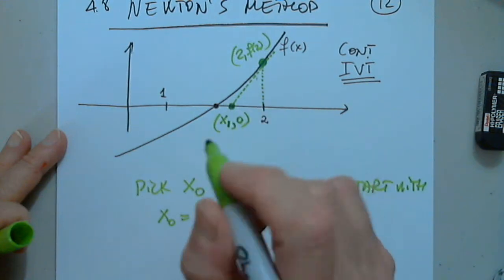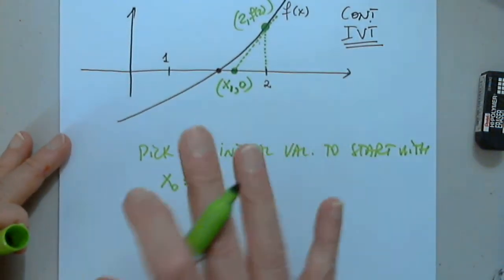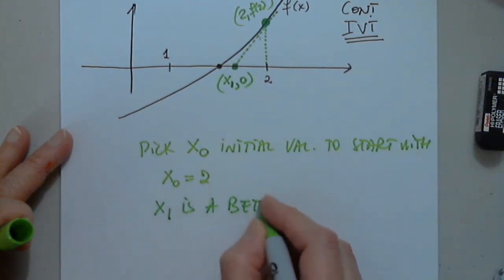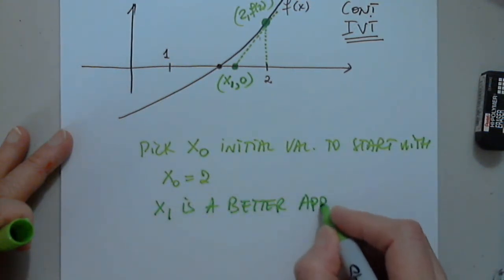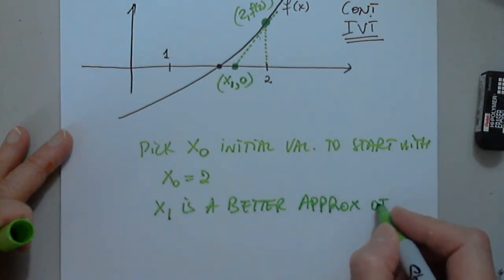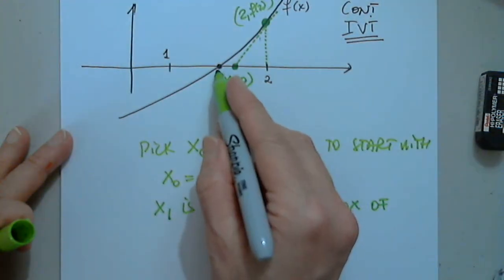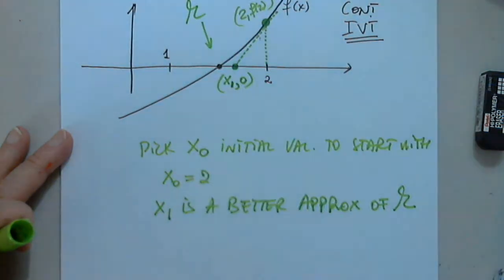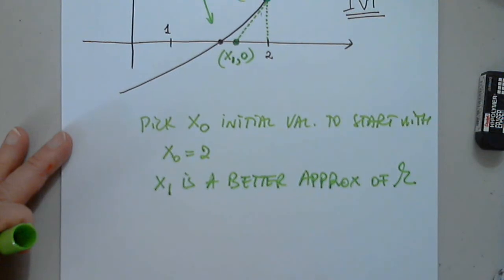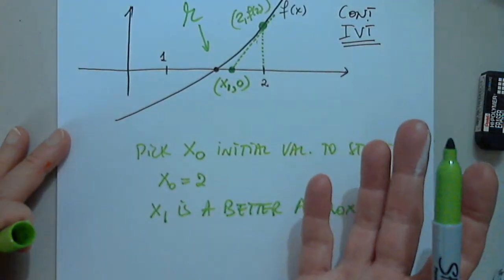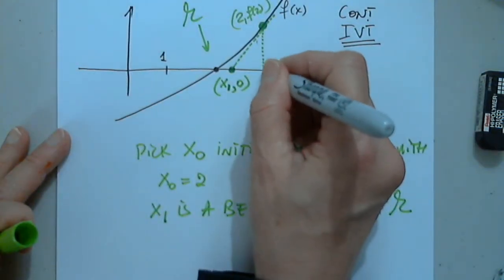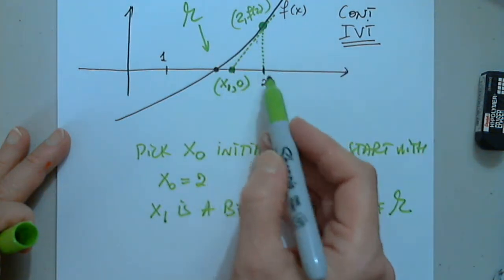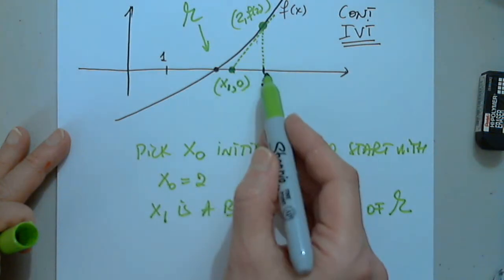I don't know this, but what I can say right up front is that x1 is a better approximation of the root r. R is the root that I'm trying to find. Would you agree? Yes, I hope you agree, because 2 is here, and the root that I'm trying to determine is here. So obviously x1 is a better approximation of the root than 2 was.